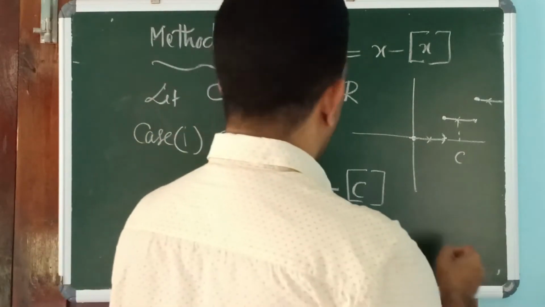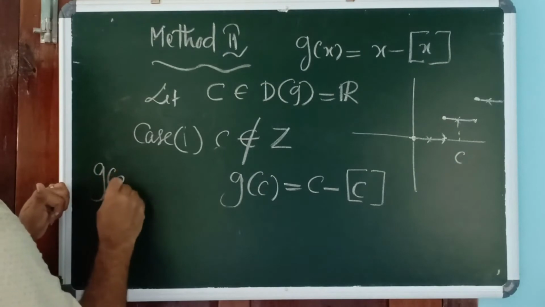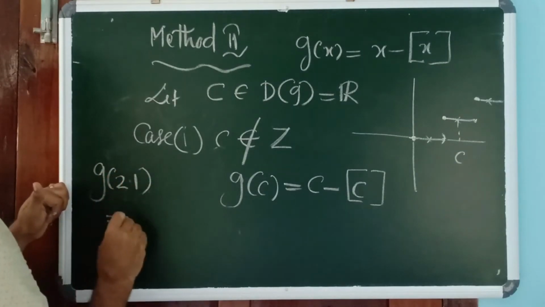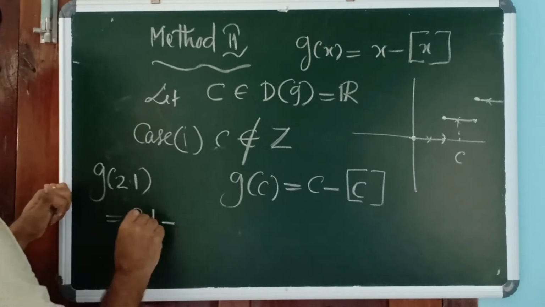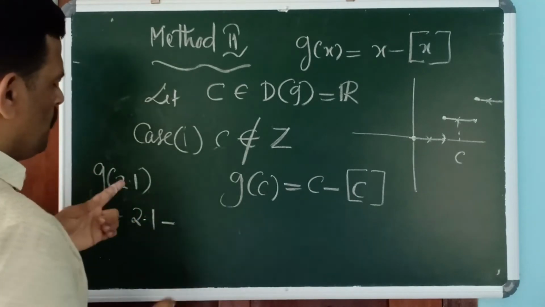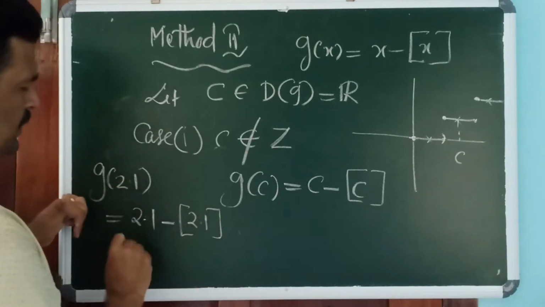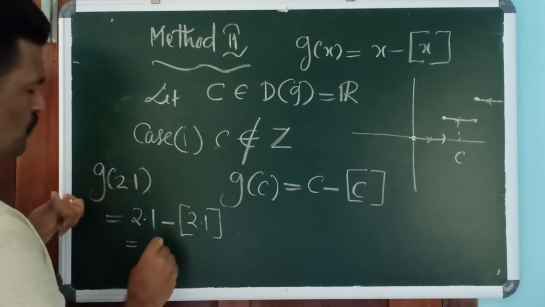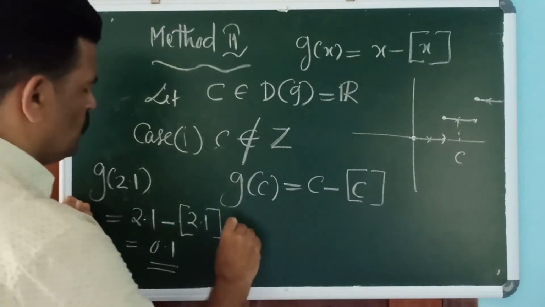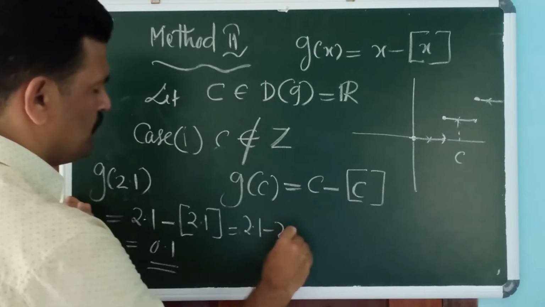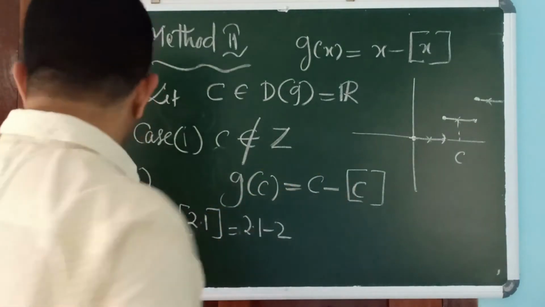So, 2.1 ആണ് എടുക്കുന്നതെങ്കിൽ g of 2.1 is 2.1 minus greatest integer function of 2.1, that is equal to 2.1 minus 2, that is 0.1. This is 2.1 minus 2. So here g of C is this.